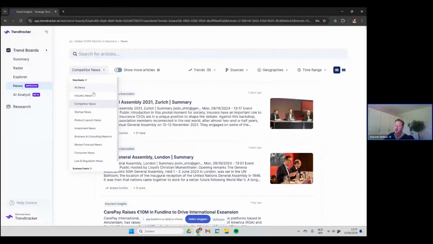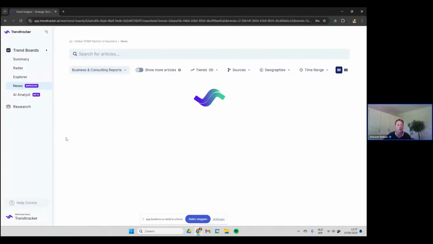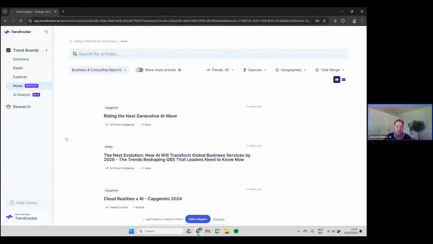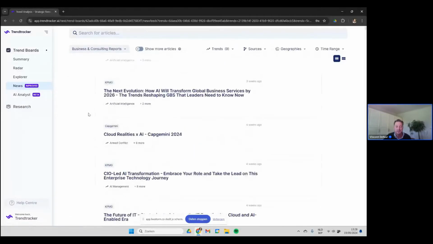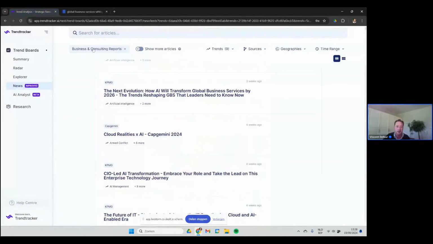Let's say you're more interested in what's happening at a startup level, or product launches, or what's being written from a consultancy perspective. So what are all these reports from the Big Four and other consulting companies that report out on these specific themes, which you can then just click on, and it would take you, of course, to that specific report.